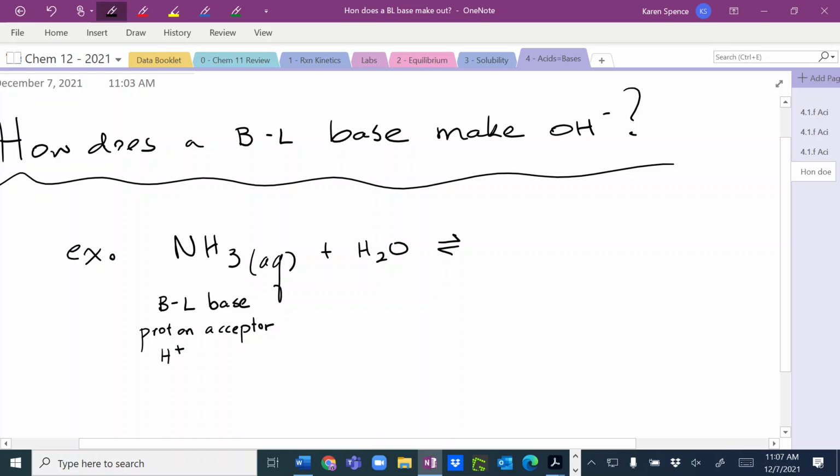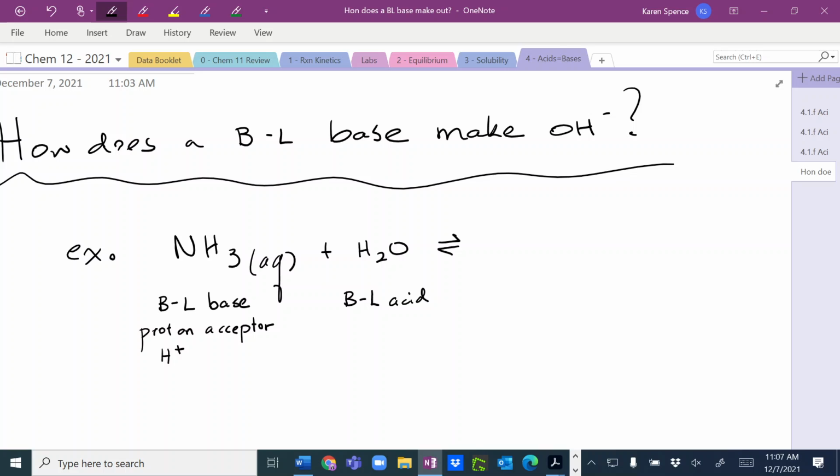Hydrogen. If it is going to accept a proton, where will that proton come from? It's going to come from water, which makes water a Bronsted-Lowry acid.